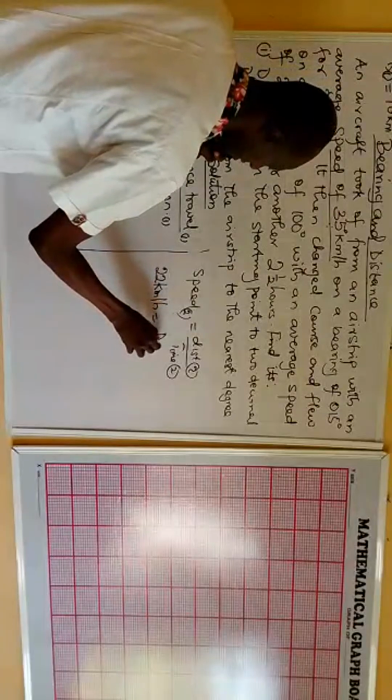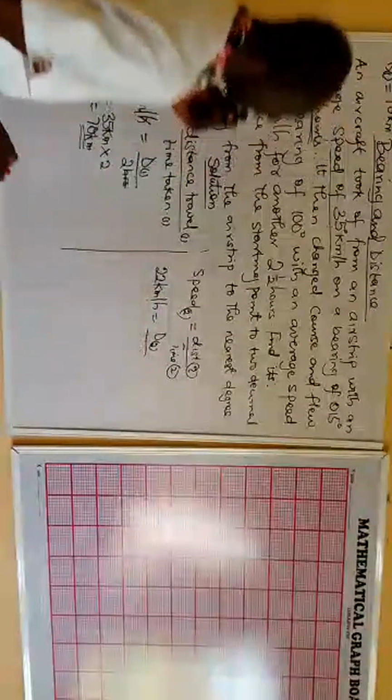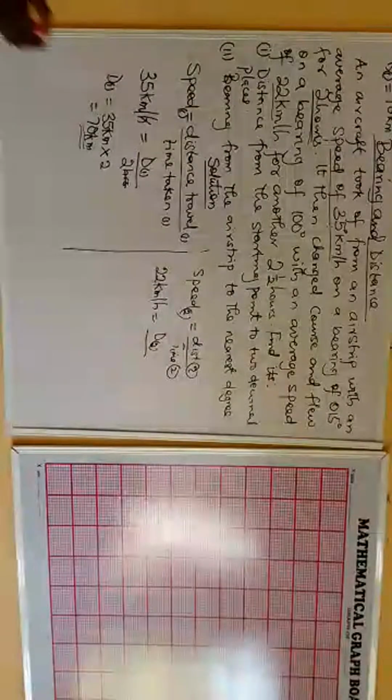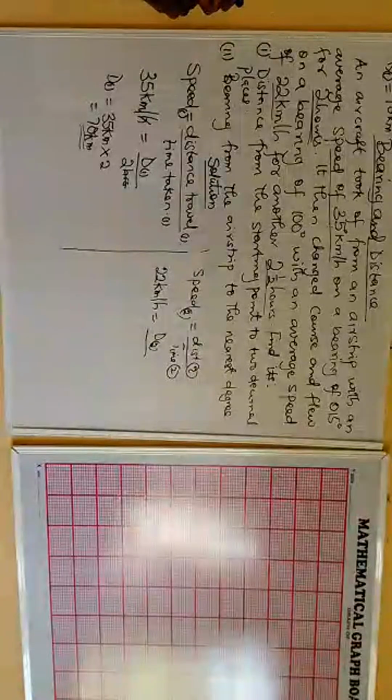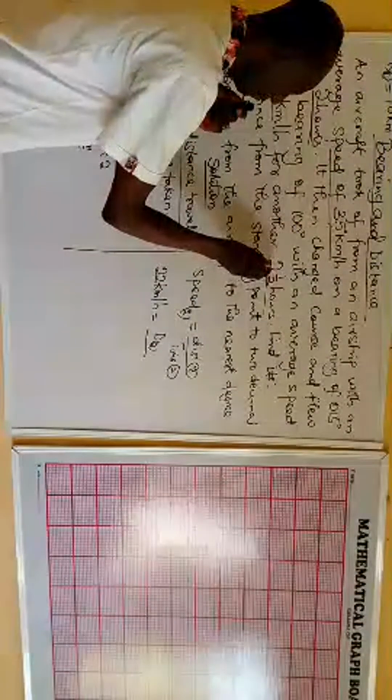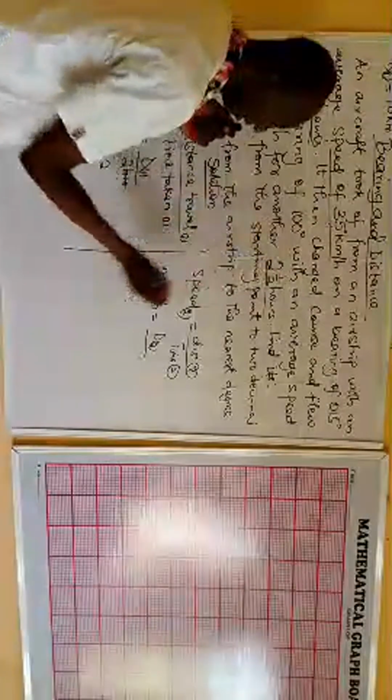We are looking for distance 2, and the time taken is 2 and 1 over 2, which is a mixed fraction. To change it to an improper fraction, 2 times 2 gives 4, plus 1 is 5.